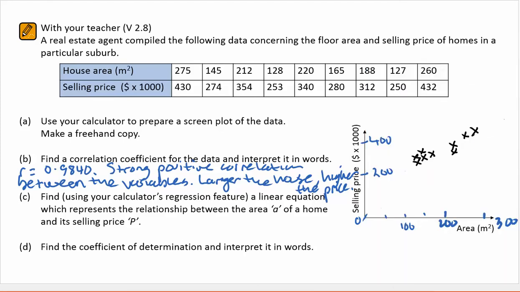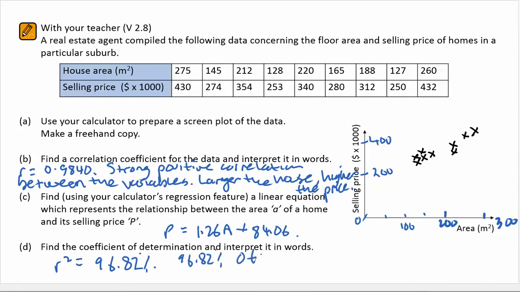So writing that down. Now, the coefficient of determination in this instance, R squared from the calculator, is 96.82%.